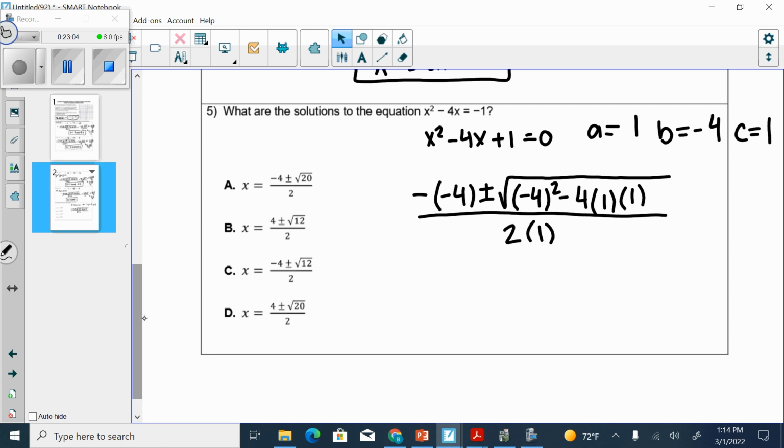All right, so I've got in front -4, which becomes +4, plus or minus, like you guys said underneath here, all became 12 over 2 times 1, which is 2. Okay, so which one of these answers is correct? Very good.